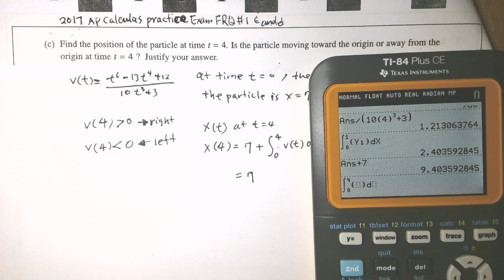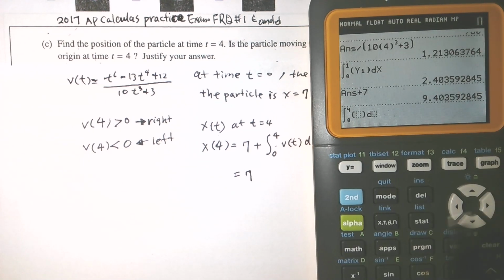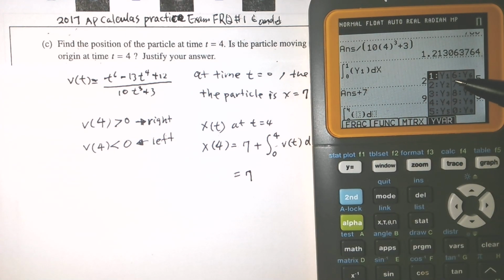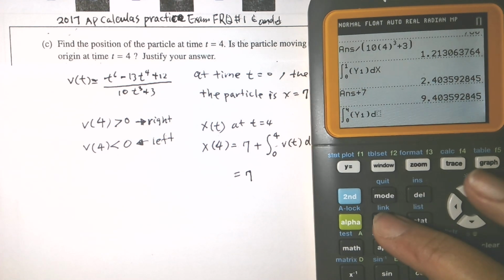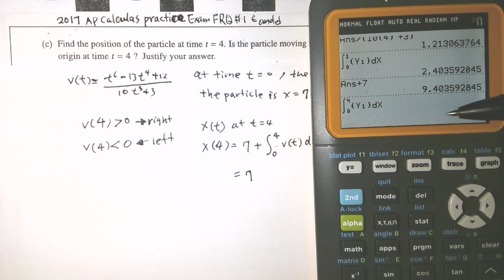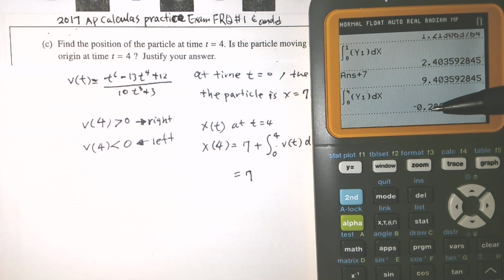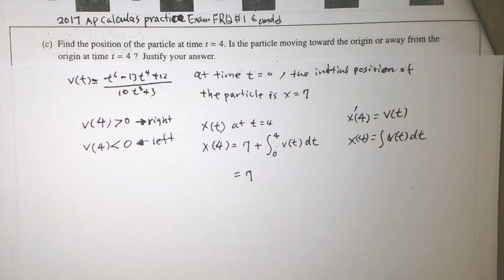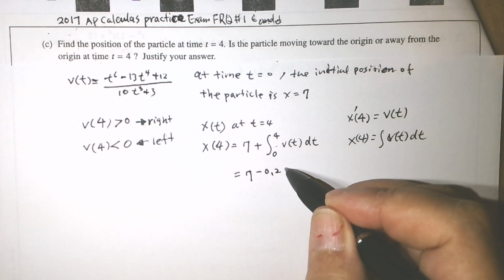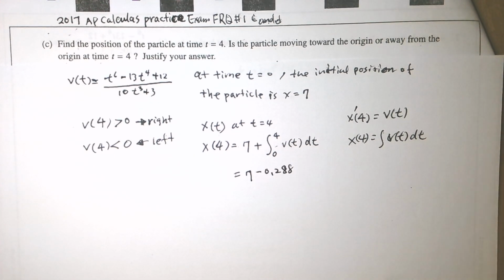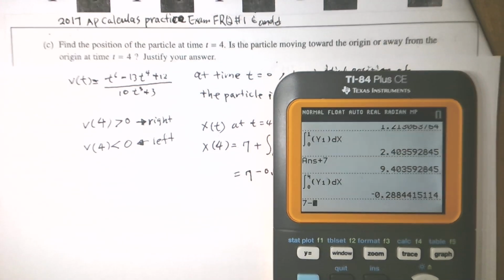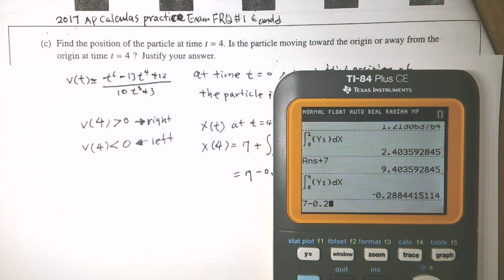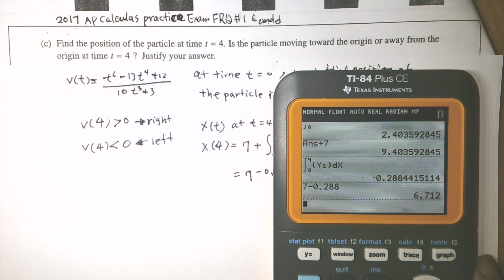Then we do Alpha Trace, choose the function y1 and dx, and press Enter. It's negative 0.288. So we have 7 minus 0.288, which is 6.712.